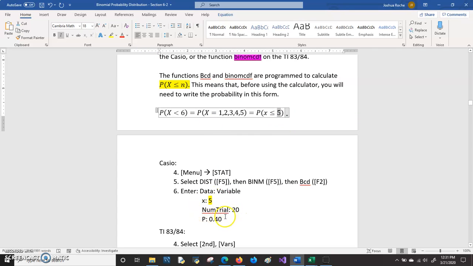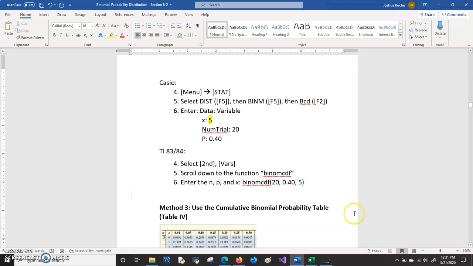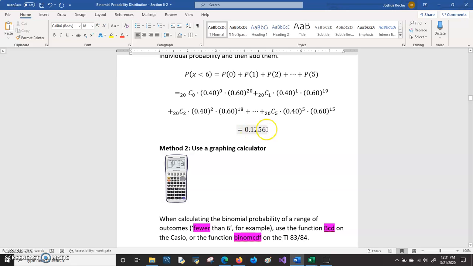The n is still 20, the p is still 0.40. Same with the TI-83 and 84. The x is 5. And so when you put it in, with the x being 5, then you'll also get the same answer that we got before, 0.1256.